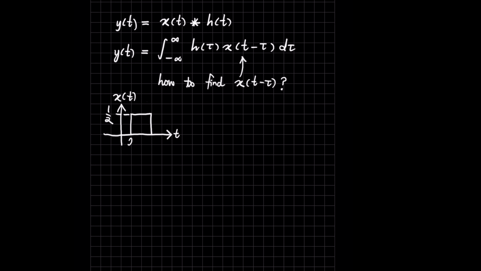The next question is how to find xt minus tau from xt. This is xt.